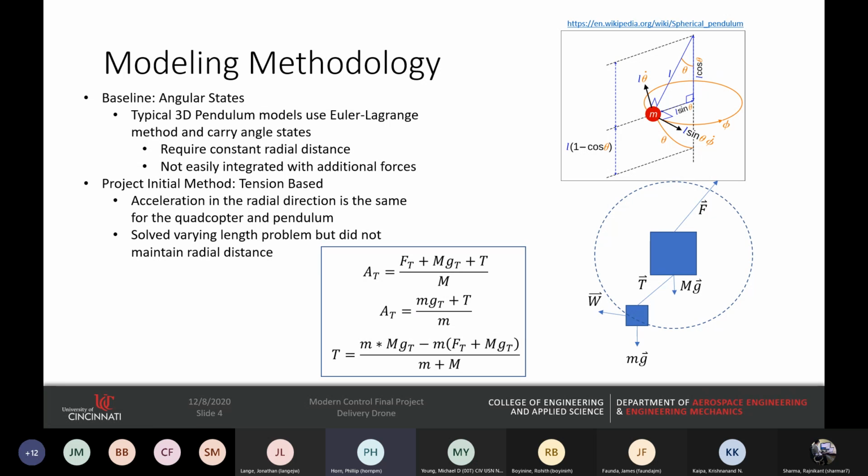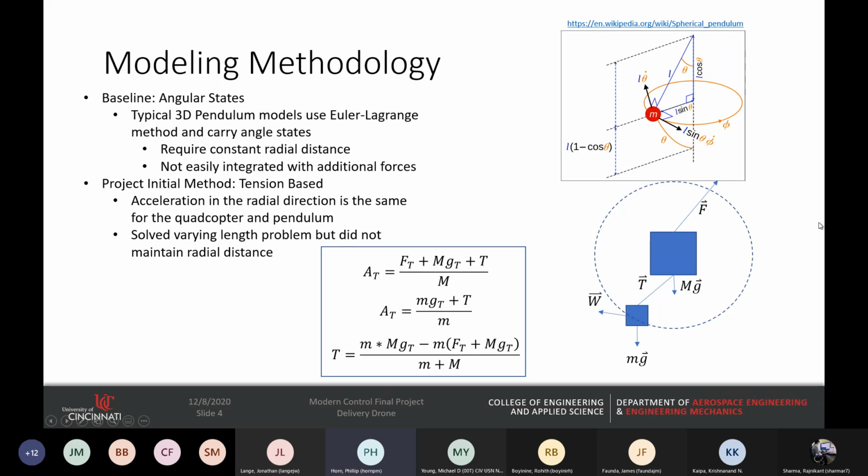Essentially, we looked at this free body diagram, and we set the acceleration in the direction of the string between the two masses to be equal to each other. By setting these equal, we were able to find the tension and then apply that tension force to both of the masses in the direction of the string.